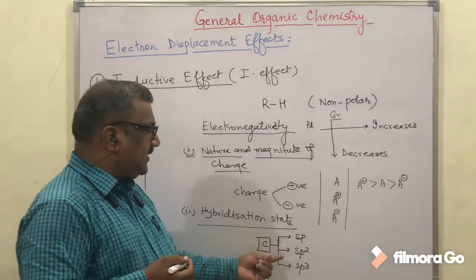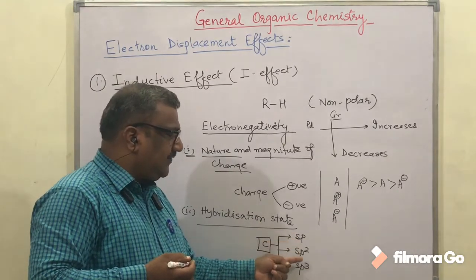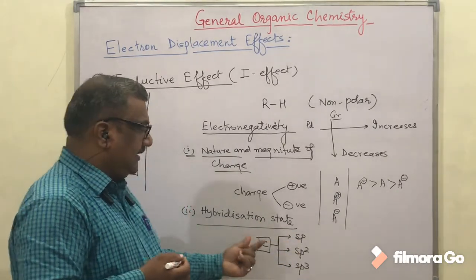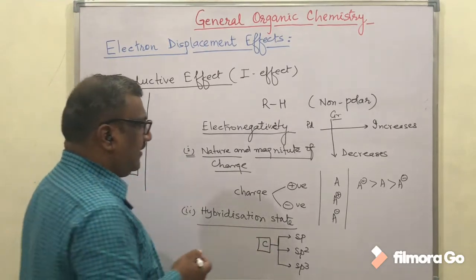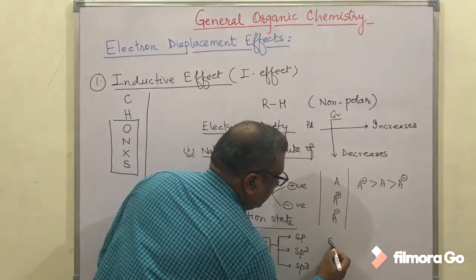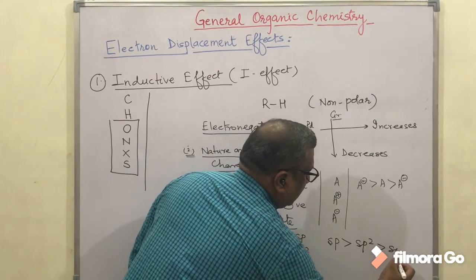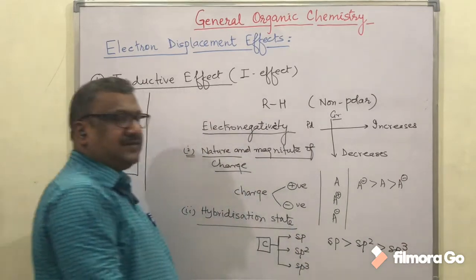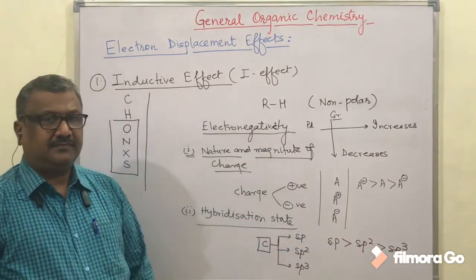Although there is no charge, it is neutral, but if it is present in different hybridization states, then its electronegativity will not be the same. And we come to know that the sp hybridized state is the most electronegative and the sp3 hybridized state is the least electronegative state for a given atom.